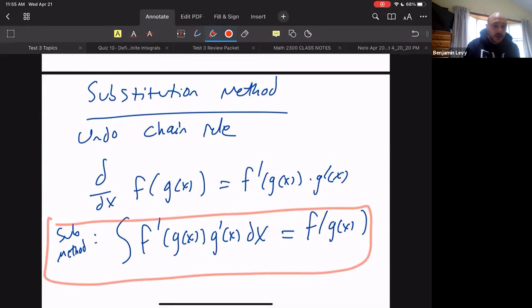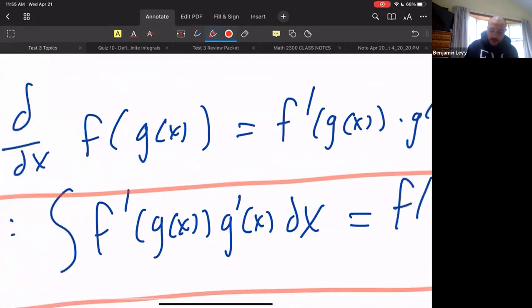And so when you're given something that looks like the integral of a chain rule, notice the key things about it. There's a g in there and a g prime. And so that's going to be the u, right? You let u be g, and then g prime is going to be u prime.